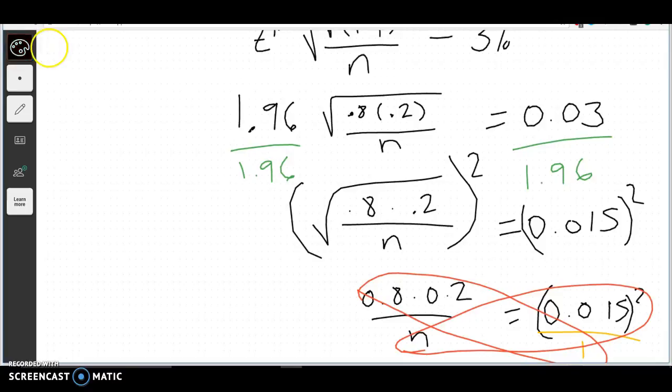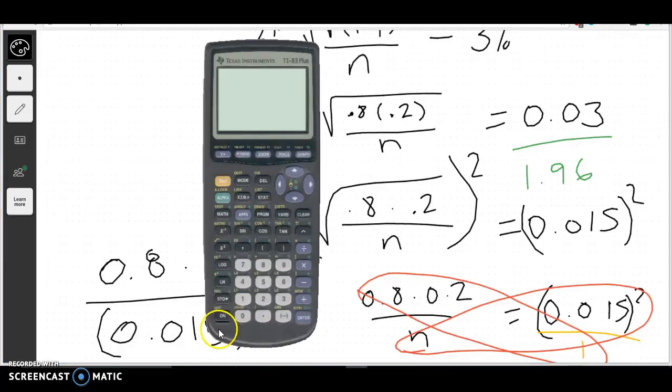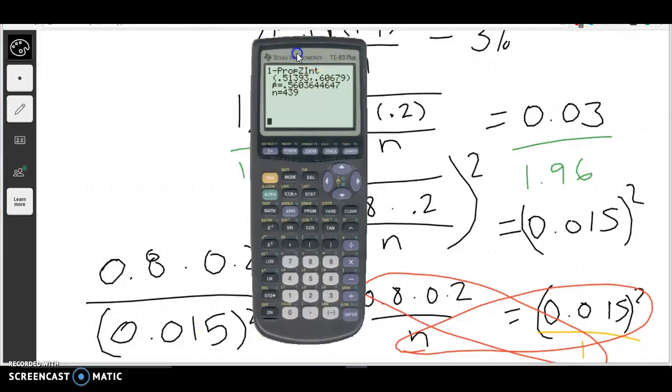So really what we're going to do is 0.8 times 0.2 divided by 0.015 squared. So let's do that on this calculator because it's a little bit easier to do it here.